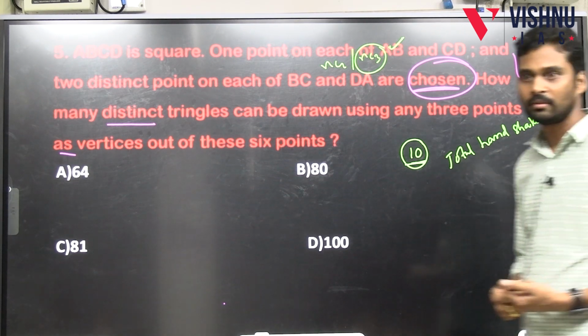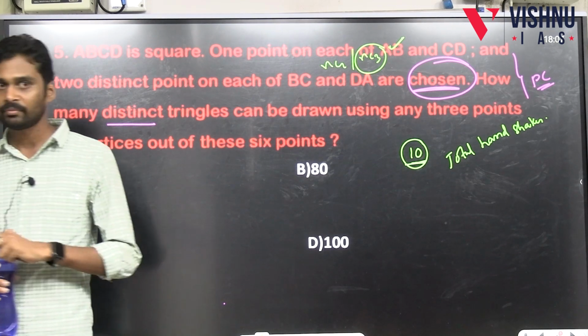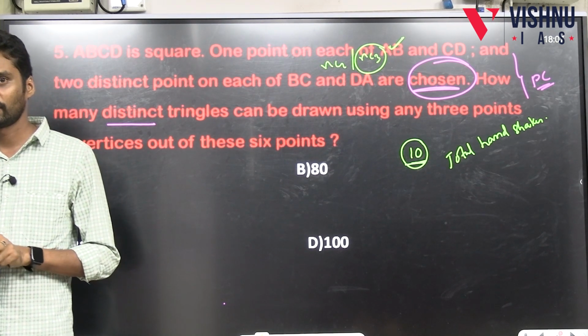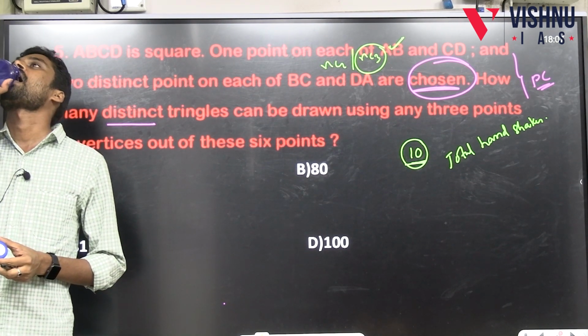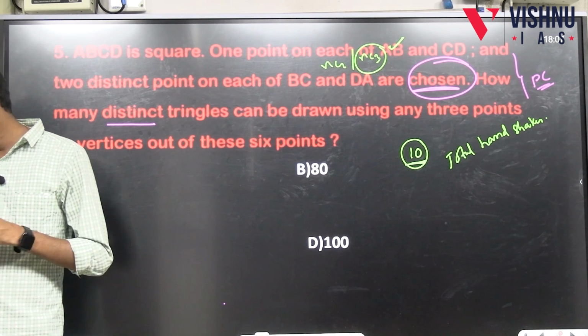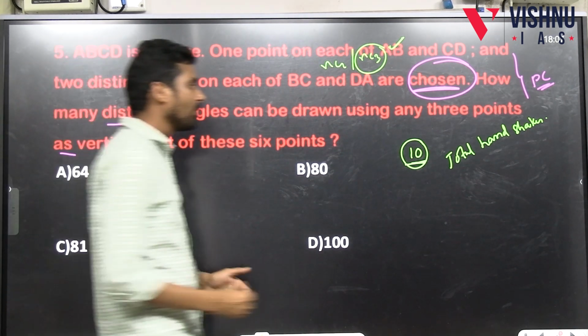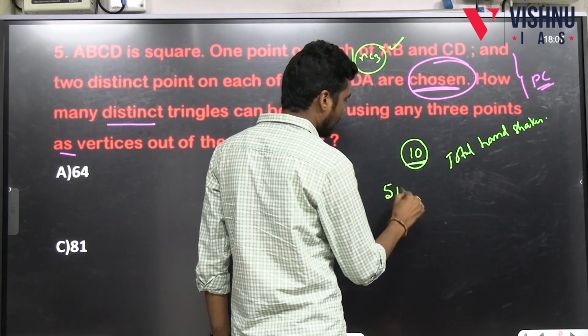Understand the question? Think about it. 45. How? 10C2. So I'll make it simple for you. Suppose there are 5 people in a party.